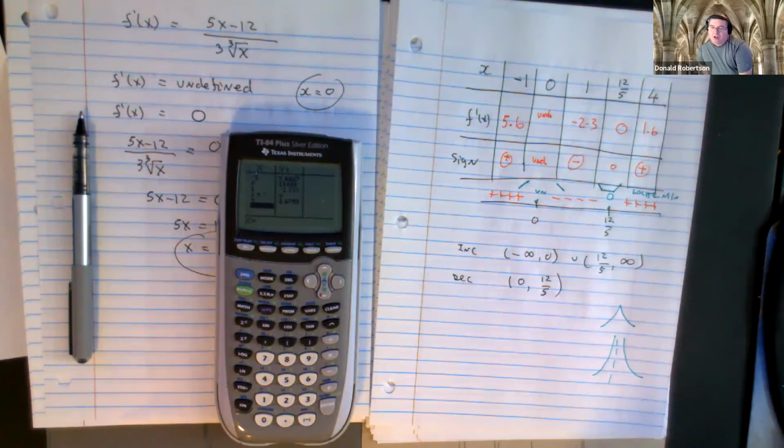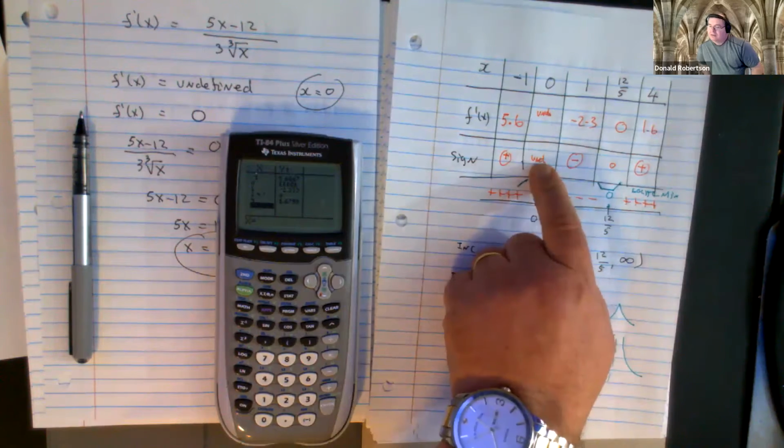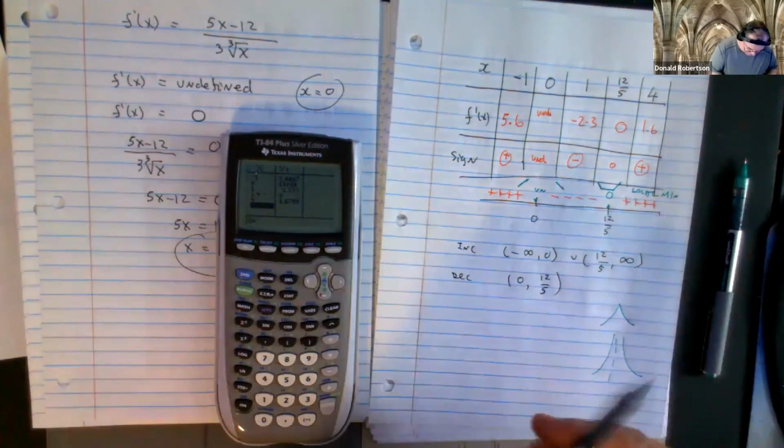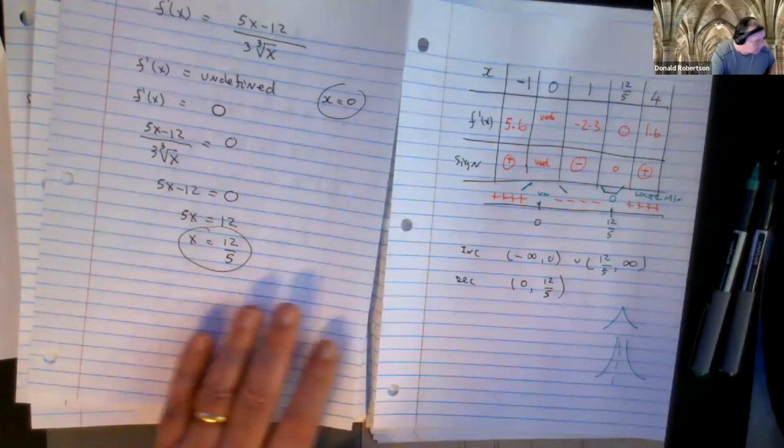So if you're saying, well, how do I know? Can't you just plug it into your Desmos and look at it? And you'll be able to tell what is happening here. In fact, all the stuff that I've been doing you should be able to go back and look at it in Desmos and say, yep, it's increasing to 0, and then it's decreasing, and then it's increasing somewhere else. So we've got time.